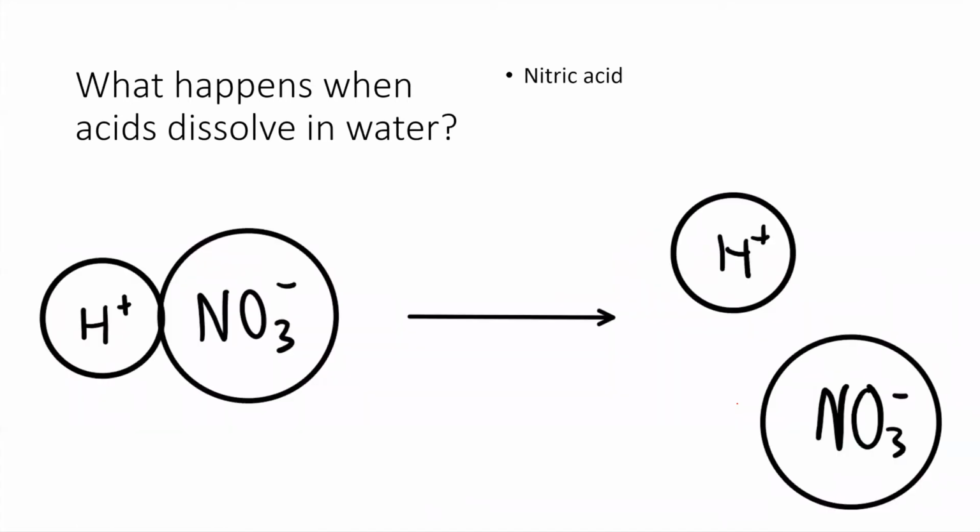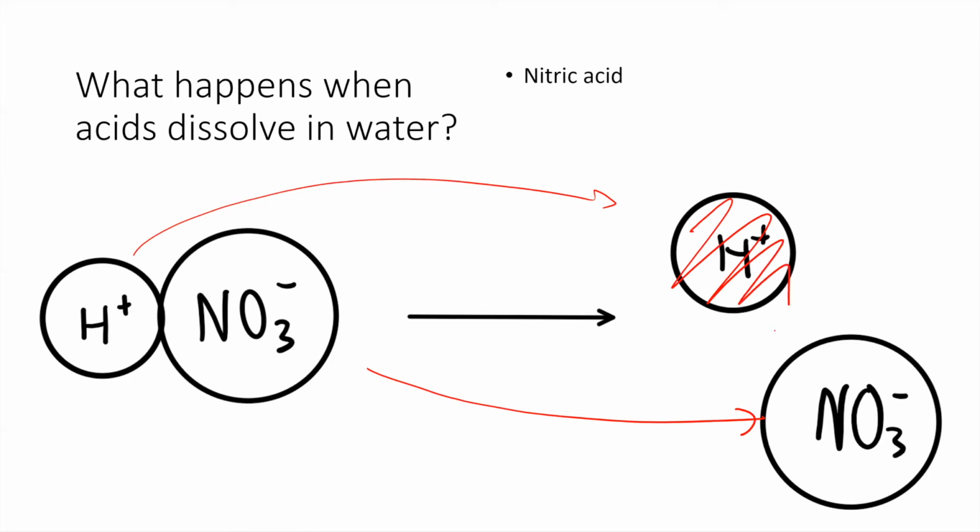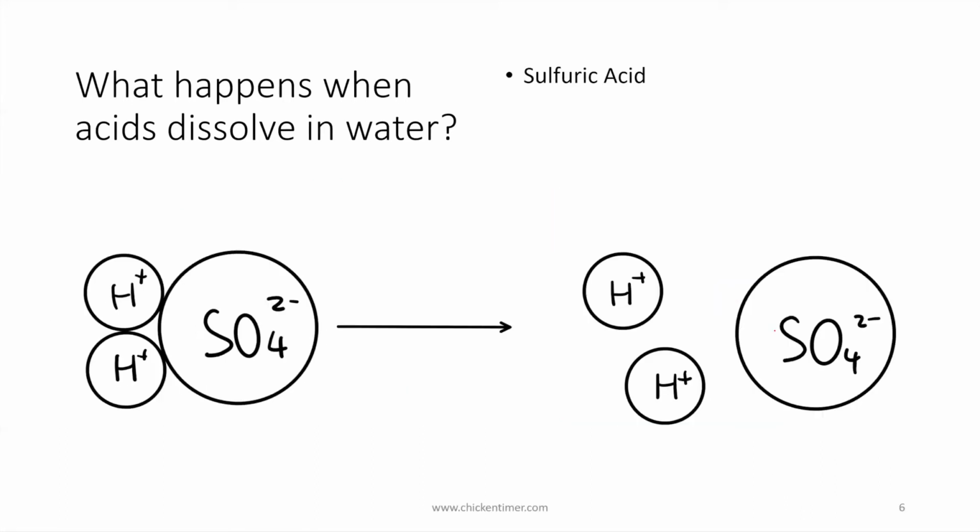Then for nitric acid, the two will become separate like that too. So the key is this. And then sulfuric acid: on its own, when it dissolves in water, it breaks up to form two hydrogen ions and one sulfate ion. So that you must know.